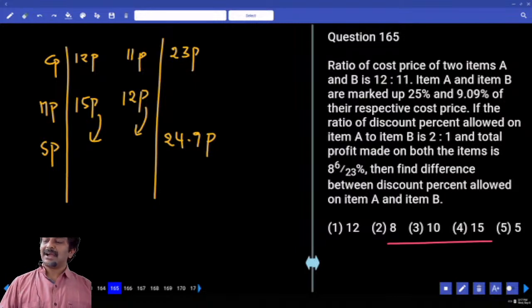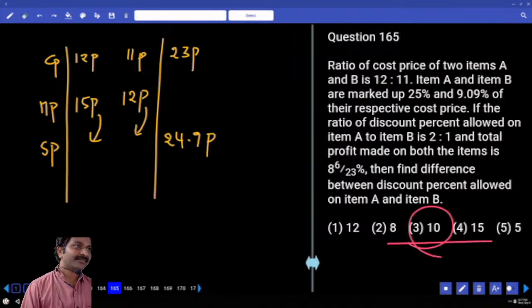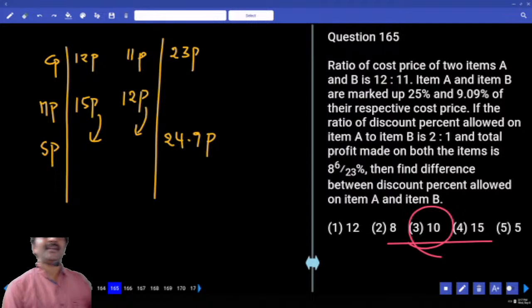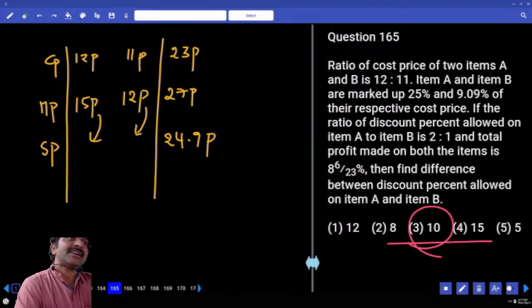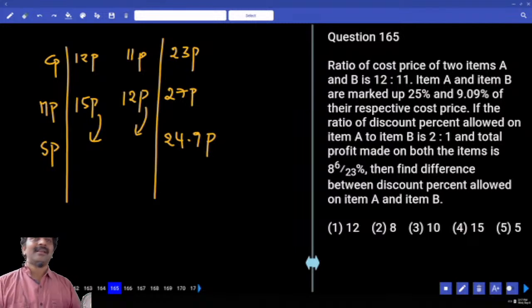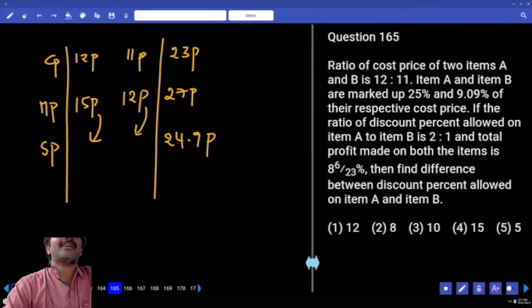Between all those, I'll start with 10%. Now I'll also verify how much my total market price is here. 27 parts. I know that the discounts ratio is 2x comma x percentage. But now I want to know whether my answer is more than 10 or less than 10.